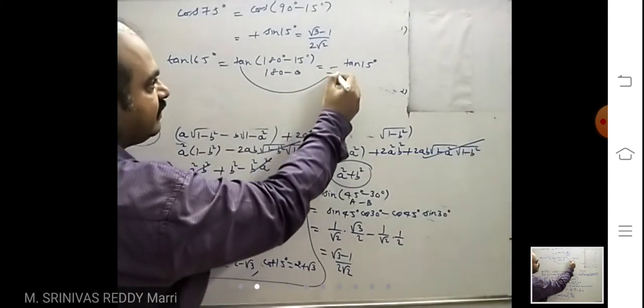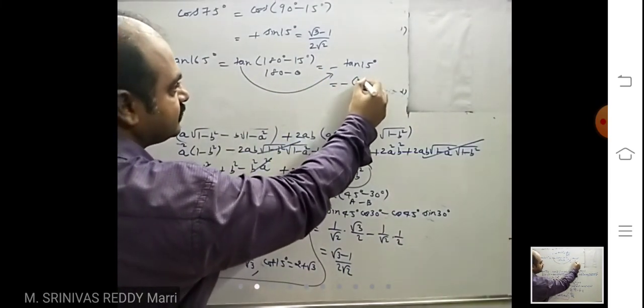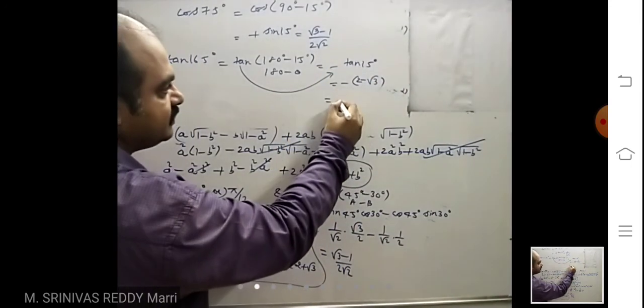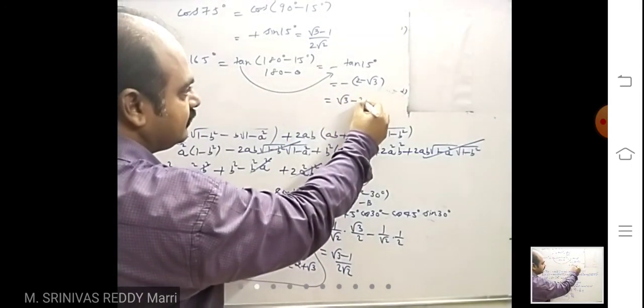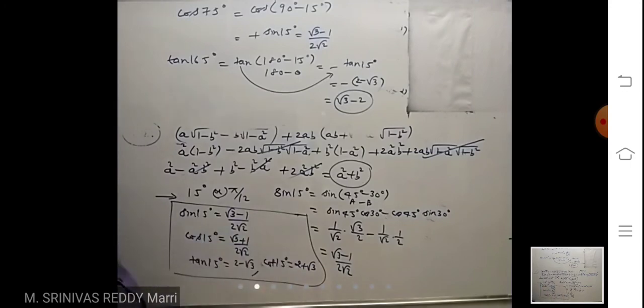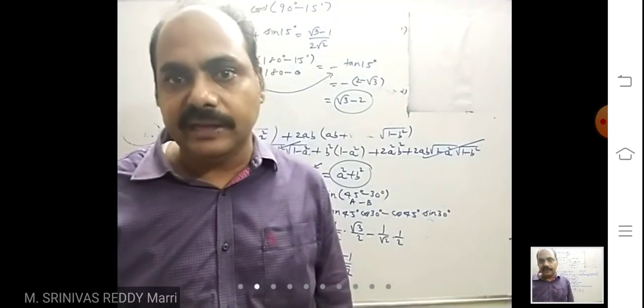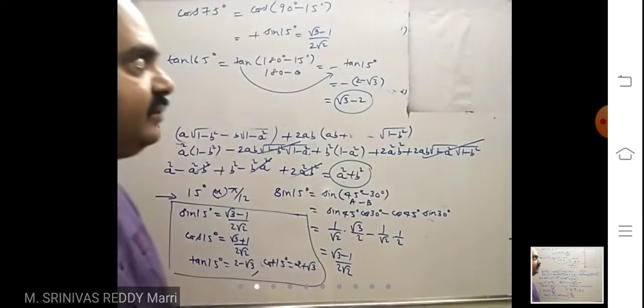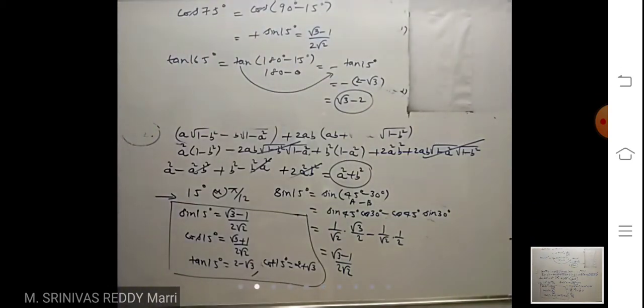In the second quadrant, tan is what? Negative. So that is nothing but minus of 2 minus root 3, that is root 3 minus 2. Like that, you can write 90 plus 15, 90 minus 15, 360 minus 15. If you remember the 15 degree value, you can write the combinations like that and then use the 15 degree values.